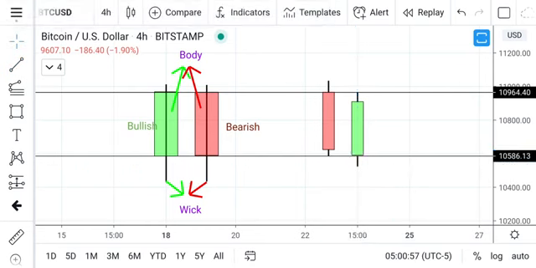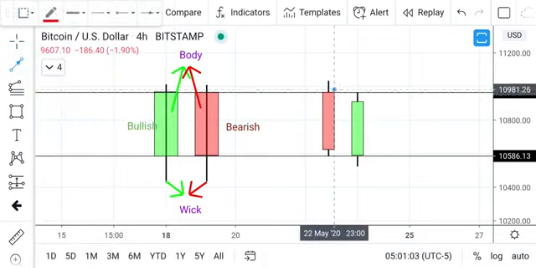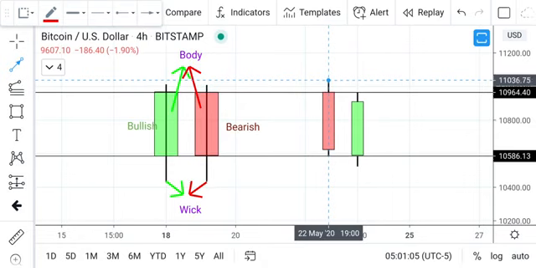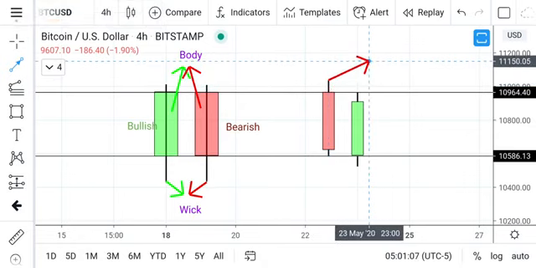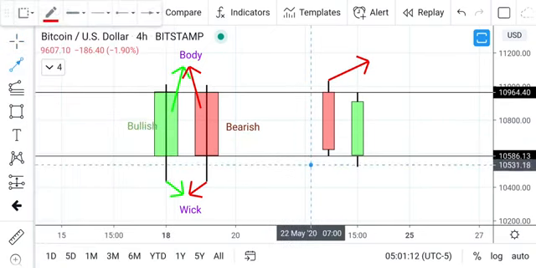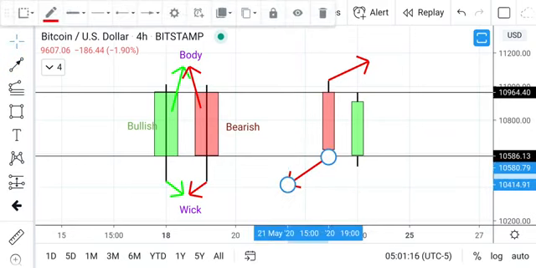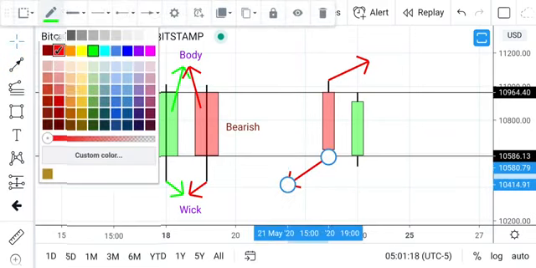So this point over here, which I'm going to identify with an arrow, is your swing high for this candle, and this point over here is your swing low for this candle.